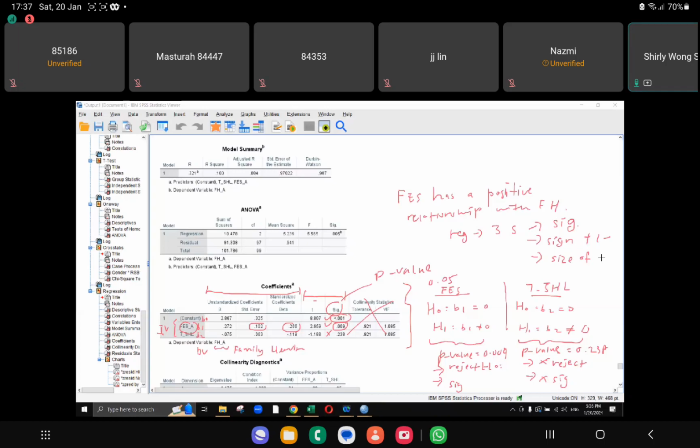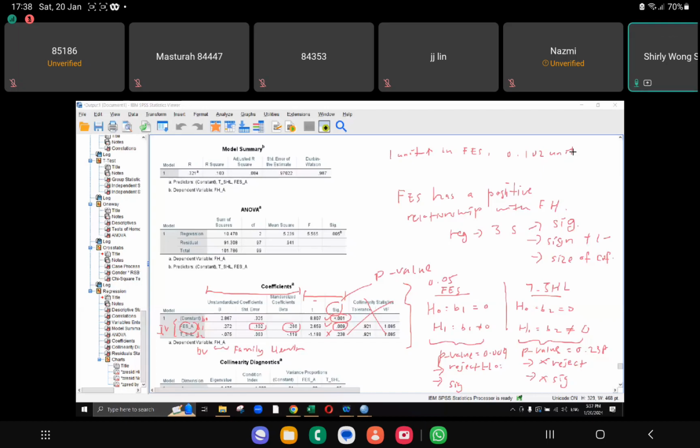Meaning to say, one unit increase in FES will lead to, if let's say you're using unstandardized, 0.102 unit increase, right?